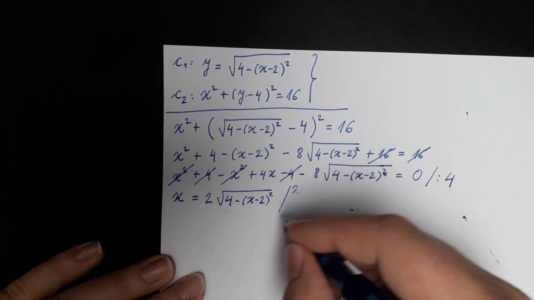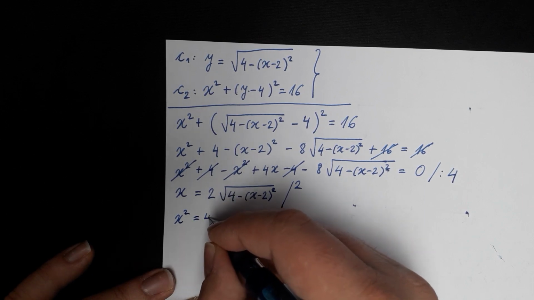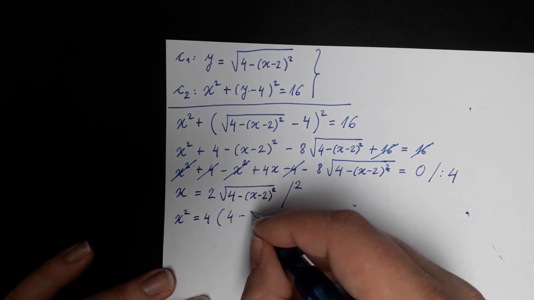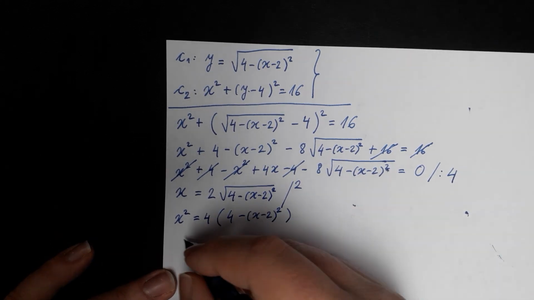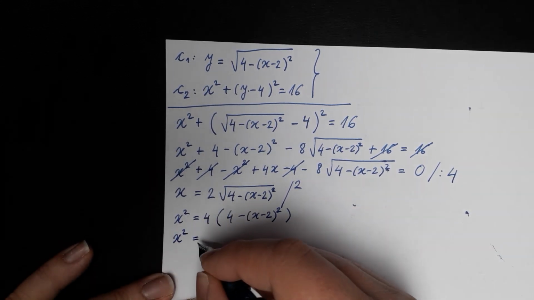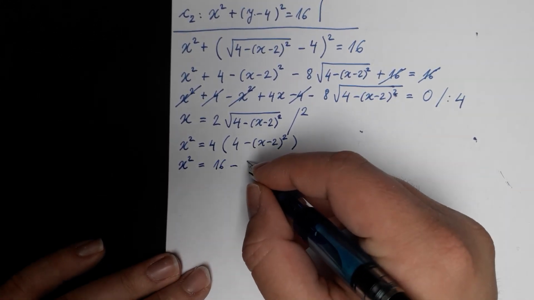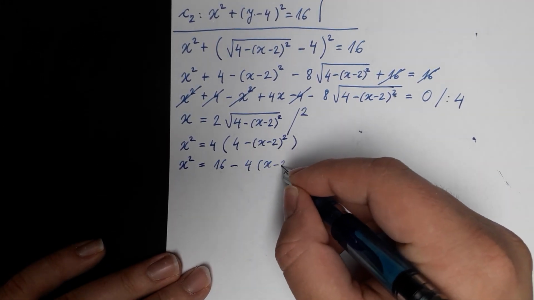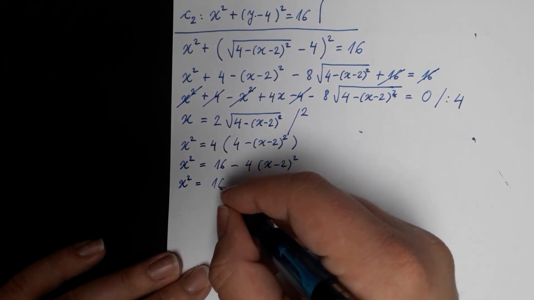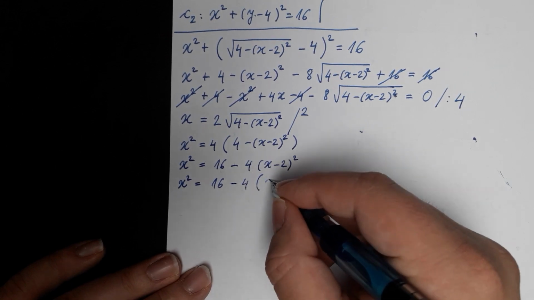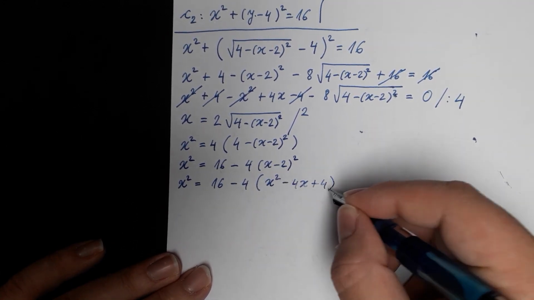If we square the entire equation, we are going to get that x squared is equal to 4 minus (x minus 2) squared. That means that x squared is equal to 16 minus 4 times (x minus 2) squared.